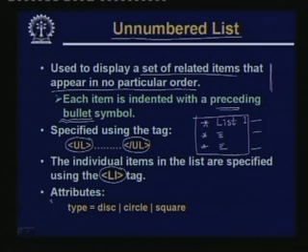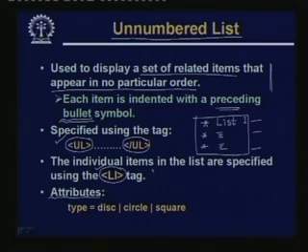Now, there is an attribute which you can use here. This attribute can be used along with ul as well as along with li. If you use this attribute with ul, it will be applied to all the elements of the list. If you use it with li, this will be applicable only to that particular element of the list.